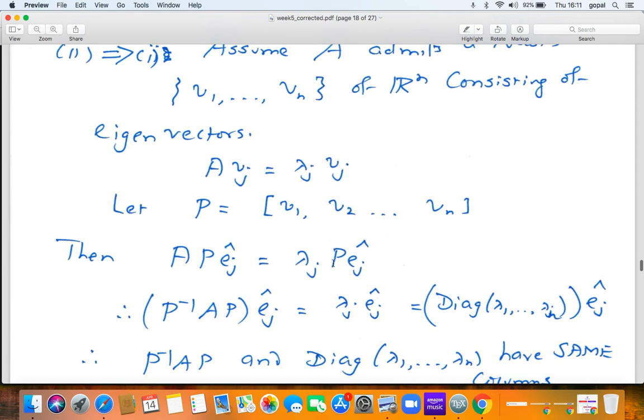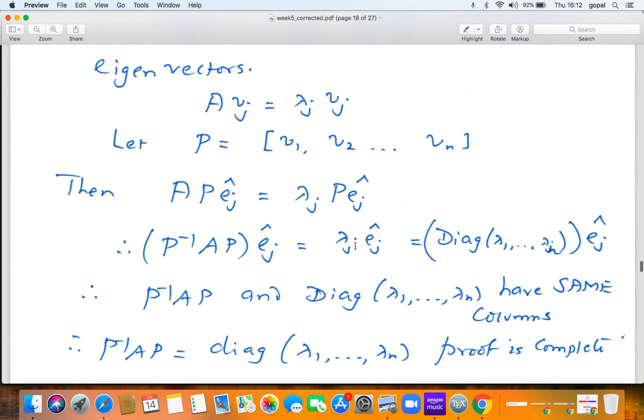Why is this true? RHS is lambda j vj. LHS is A times the jth column of P, which is vj. So this equation Avj equal to lambda j vj translates to APej cap equal to lambda j Pej cap. Bring the P to the left hand side. P inverse APej cap equal to lambda j ej cap.